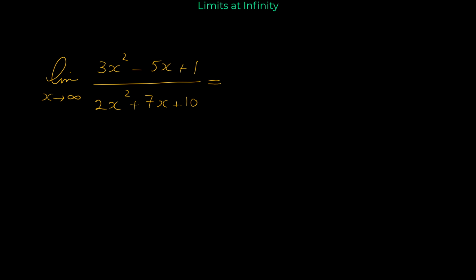There is a general method for finding the limits of rational functions. This is an example of a rational function. In the numerator we have a polynomial, in the denominator we have a polynomial, and for finding these type of limits, there is a general method. Simply you have to divide. So let me write down the rule here.